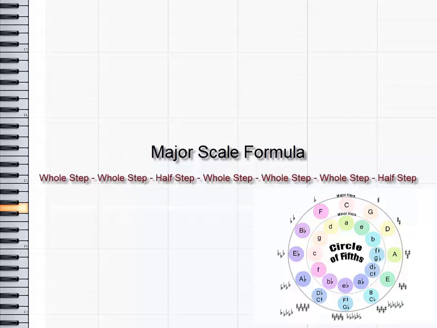G, whole step, half step, whole step, whole step, whole step, and a half step. So we've just proven what the circle of fifths shows us for the G major scale, and that is it has one sharp.